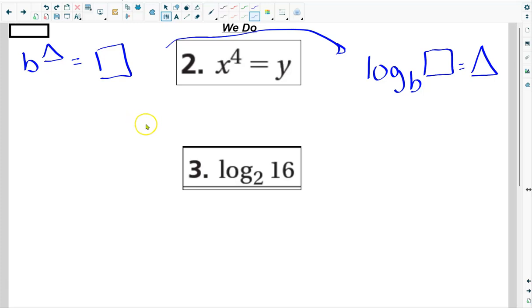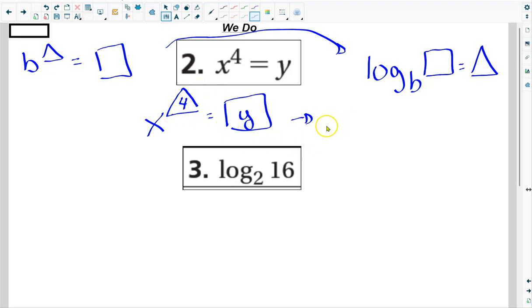So here's my base B, x. I have a 4 in the triangle, equals what is in the square.